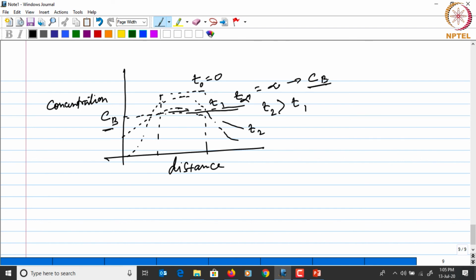And the homogeneity index can be given by an expression like this. Where D is the diffusivity, t is time, and the parameter S represents the scale of microstructural segregation.